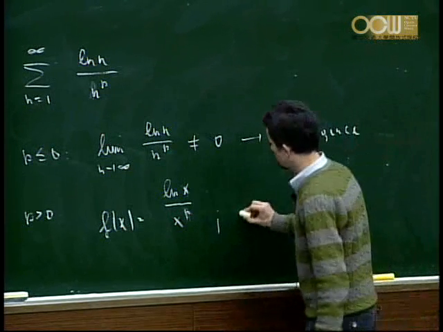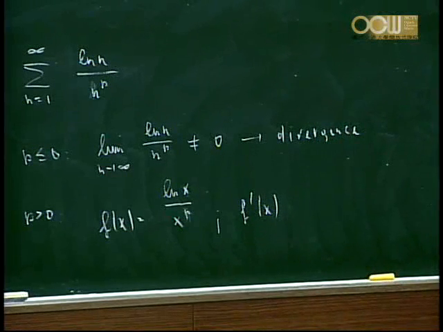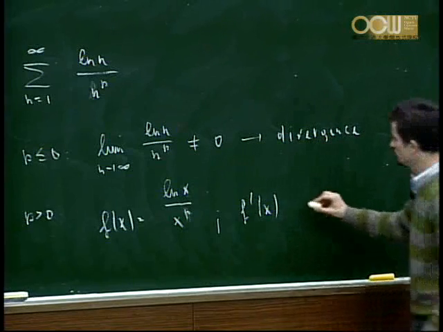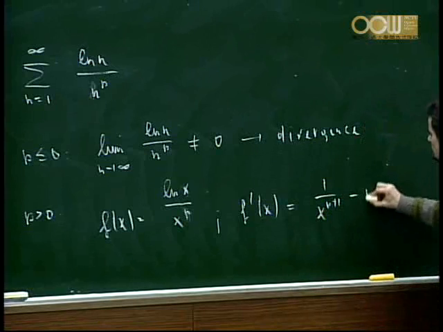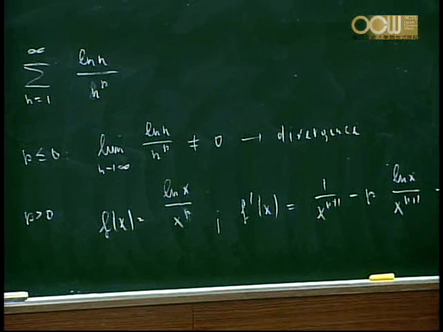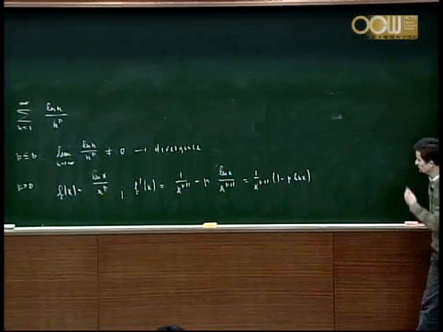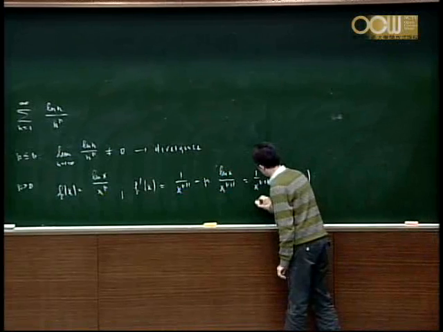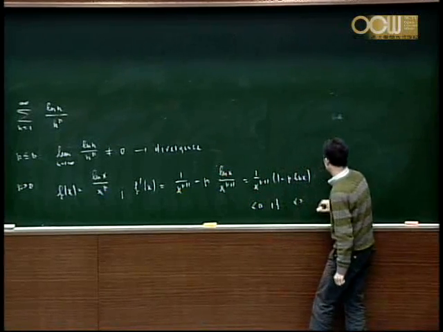So in order to figure out whether this function is decreasing or not, we will compute the derivative. You see that this is 1 over x to the p plus 1 minus p ln x over x to the p plus 1. So this is equal to 1 over x to the p plus 1, and then you have 1 minus p ln of x. And you see that this is smaller than 0 if x is larger than e to the 1 over p.